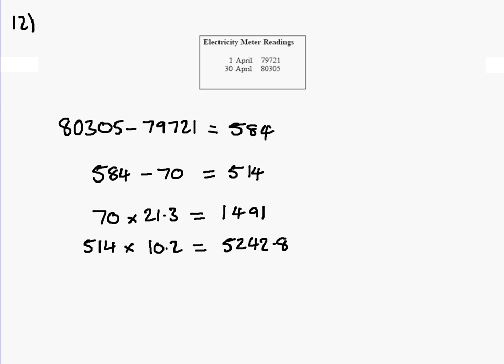The 0.8 will round up to 3 because it's in pence, and then we'll add the two together, which will give us an answer of 6,734 pence. And we'll just double check what it's looking for. It doesn't say in a value, so we'll probably put that into pounds. So it's £67.34.